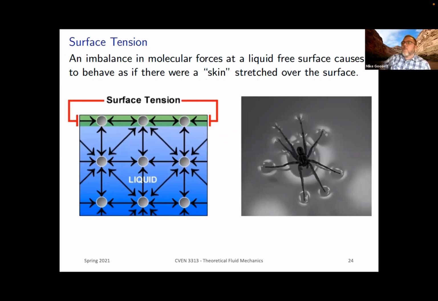All right, so we said that surface tension results from an imbalance of molecular forces at a liquid-free surface, and that causes it to behave as if it were a skin stretched over the surface. The skin is the result of the liquid molecules having to interact with each other and not having more liquid molecules above them, right? We have gas molecules up here.